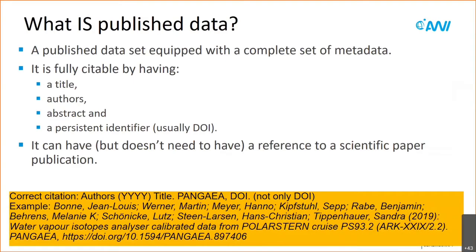And the correct citation follows the scheme: authors, year, title, then the repository, and at the end, the DOI. So not only DOIs, which we sometimes see in data availability sections of papers. Data sets must be cited by the full citation, with the example I pasted here from one data set published in Pangaea. So authors, year, title, and DOI.